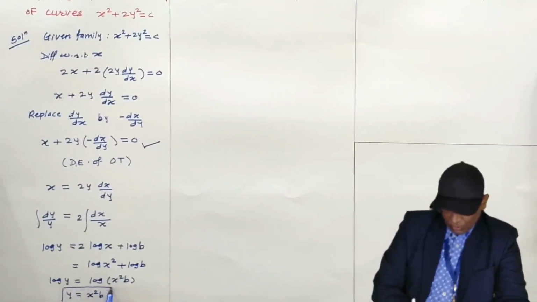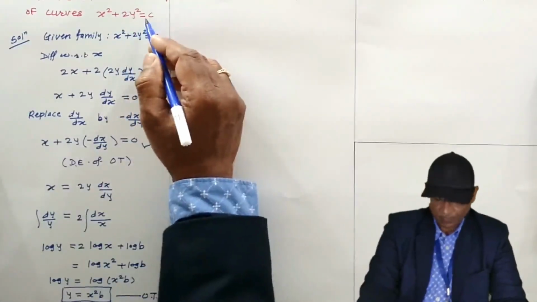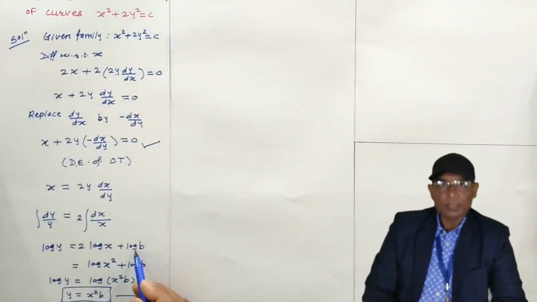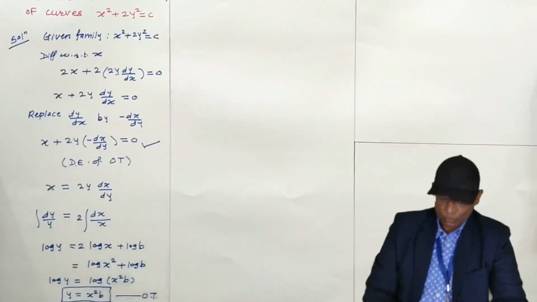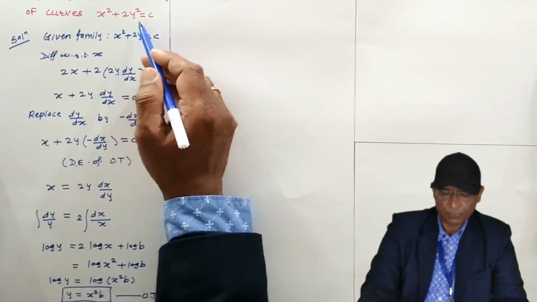So this is the orthogonal trajectory of this family of curves. You may keep this as the answer, but in an MCQ you may be given a more simplified answer. Therefore, I have used log b. If you use b simply, it is also okay. So y equal to x square b is the orthogonal trajectory of this one.